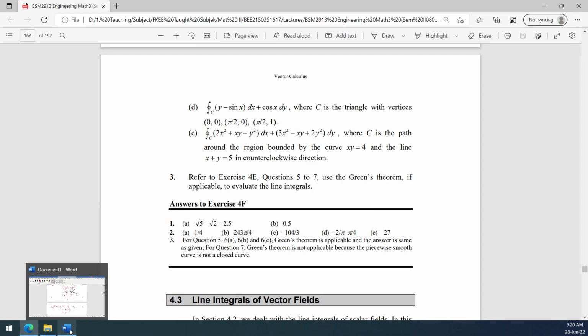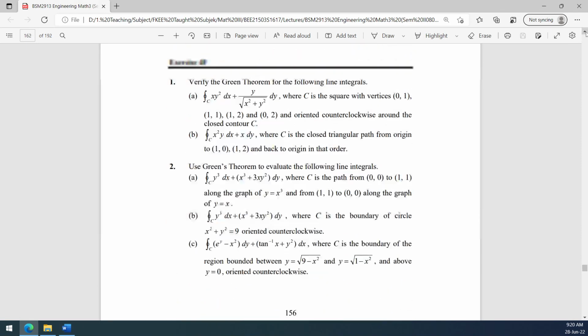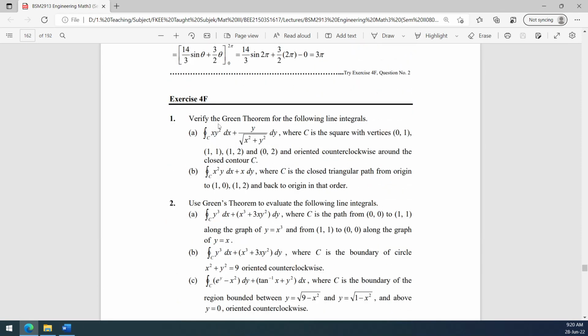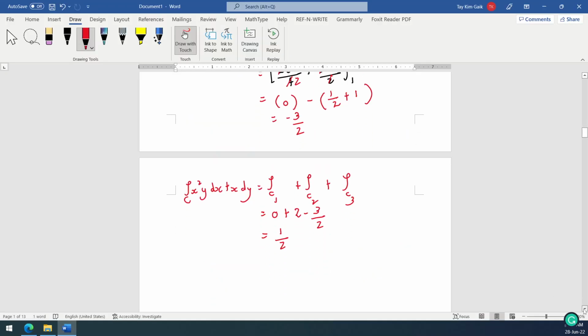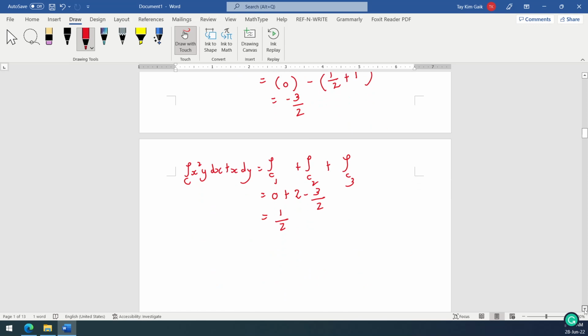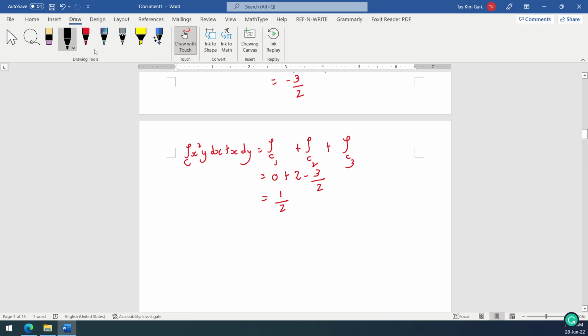So this is the left side of the line integral. Then verify Green's theorem. Now we solve using Green's theorem for x squared y dx plus x dy.